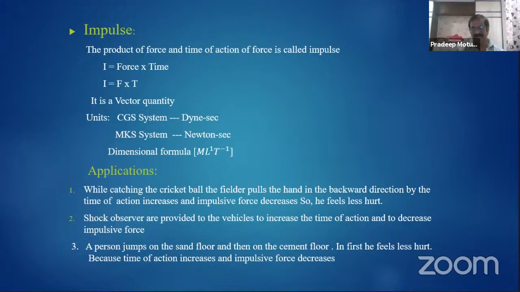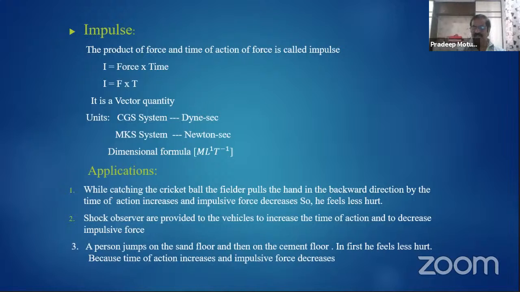And in the second case, on the cement floor, he is hurt more. Why? When he falls on the cement floor, he exerts more force in less time. That means the impulsive force is very high. That's why he may get injured.